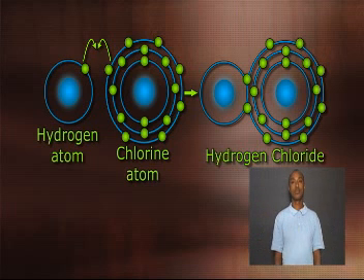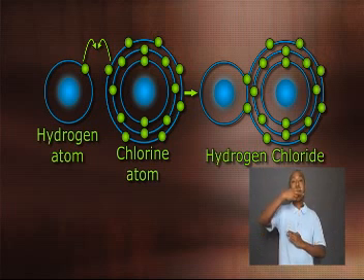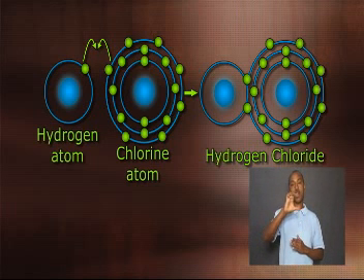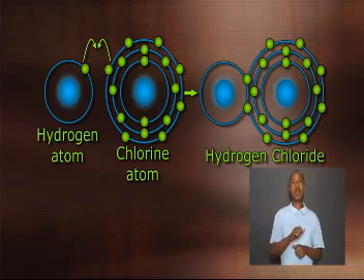The configuration of the hydrogen atom will be like that of helium, and the configuration of the chlorine atom will be like that of argon. Thus, a molecule of hydrogen chloride is formed by a pair of electrons shared between the two atoms.